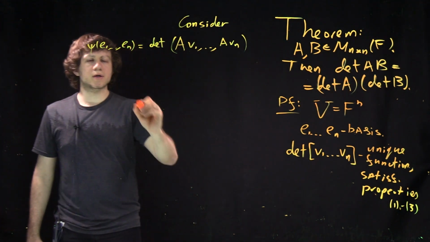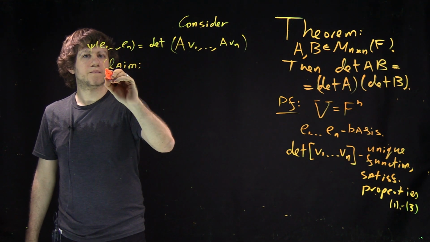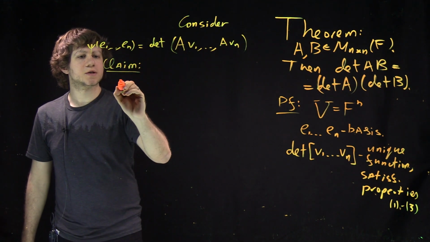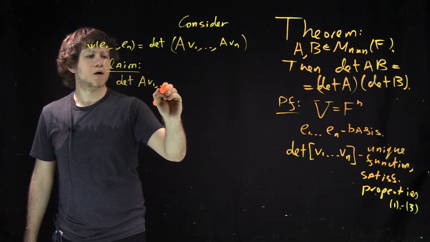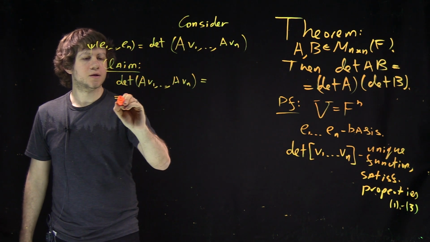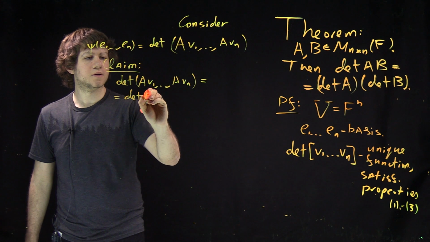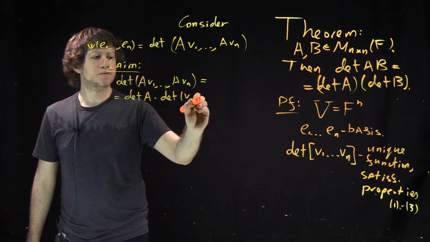My claim is that this determinant of Av1 up to Avn is just determinant of A times determinant of v1 up to vn.